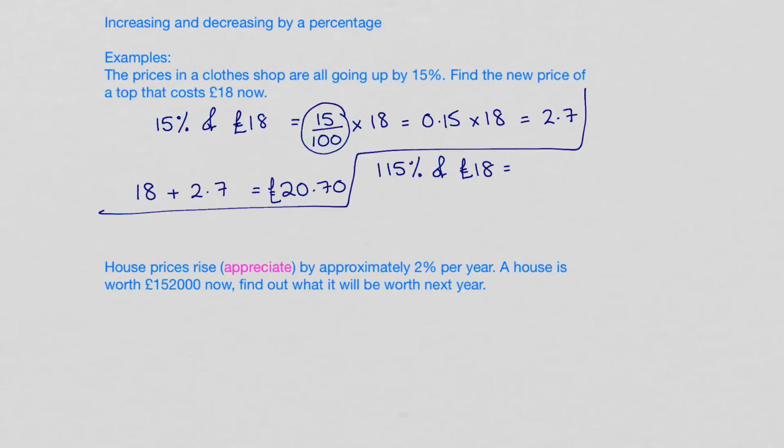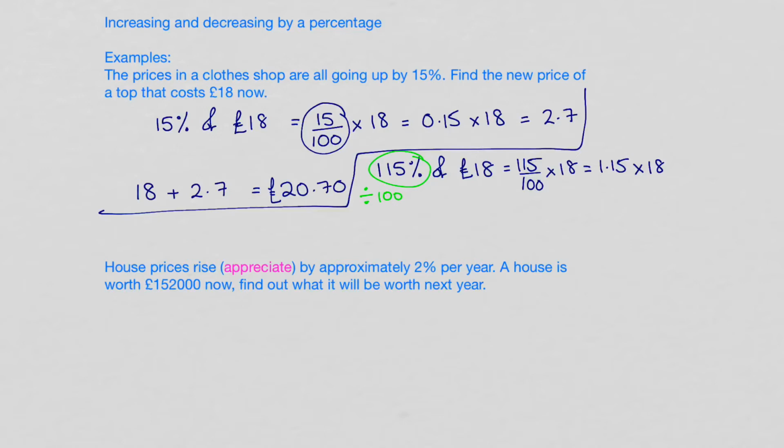So you can either do that as 115 over 100 times 18, or you can do it as 1.15 times 18. It doesn't matter, okay? Just remember that to change a percentage into a decimal, you're dividing by 100. Okay?